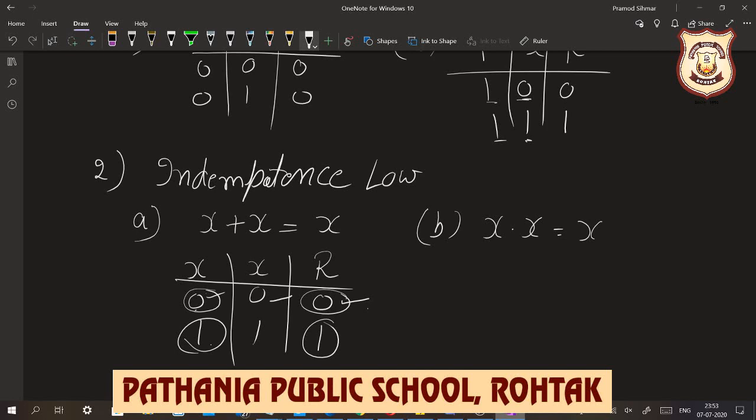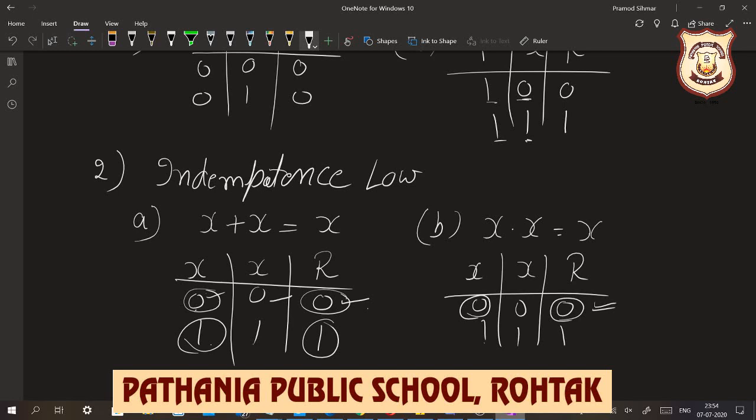Now write down the truth table of x multiply x is equal to x. So you can write down x here, x again here, and then write down response. So for example, x is 0 or 1. Now 0 multiply 0 is always 0, and 1 multiply 1 is always 1. So you can check it here. x and response both are the same. So x multiply x is always x.